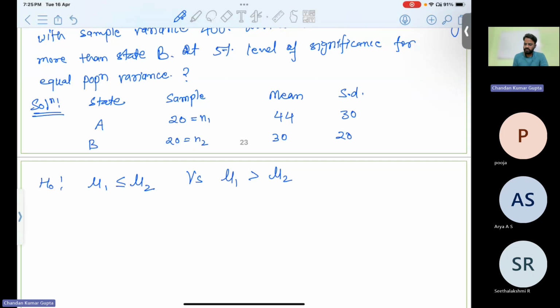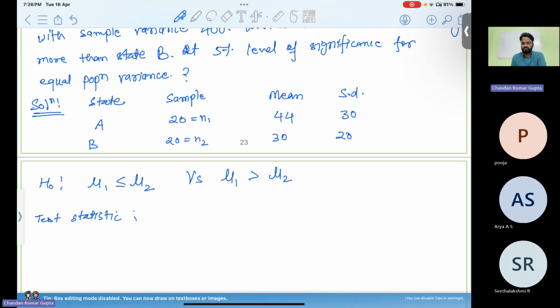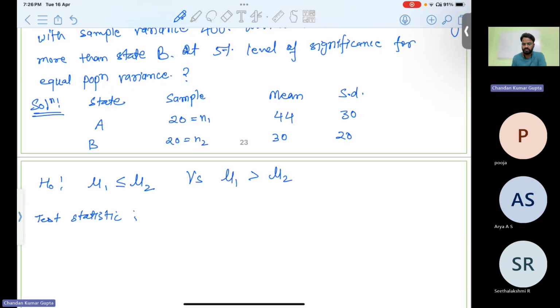For this, the test statistic when the variance is unknown and sigma square is equal is T equal to the square root of n1 n2 upon n1 plus n2, times x1 bar minus x2 bar, or x bar minus y bar, upon sp.